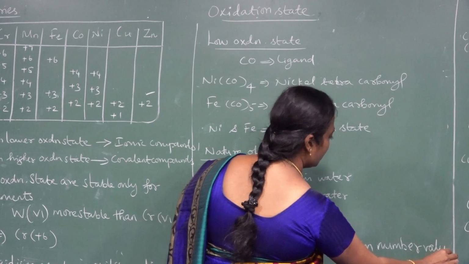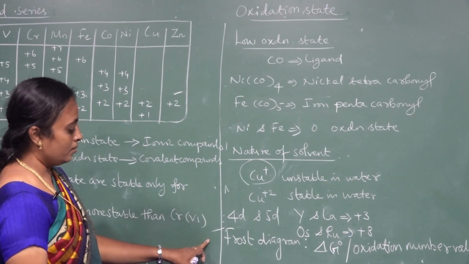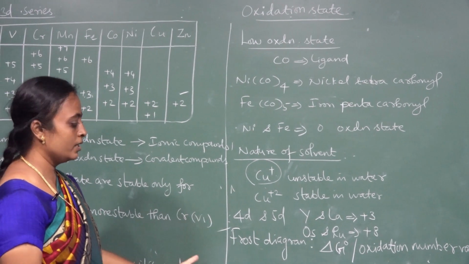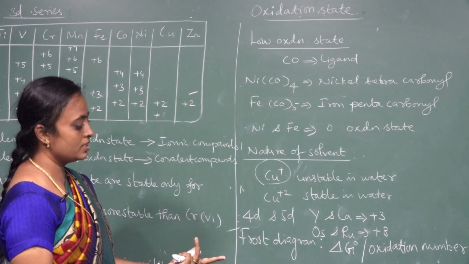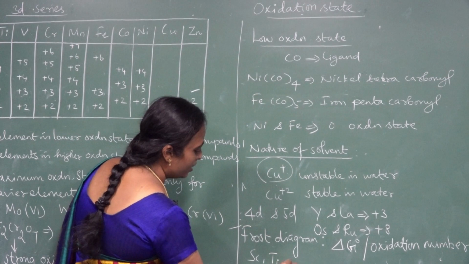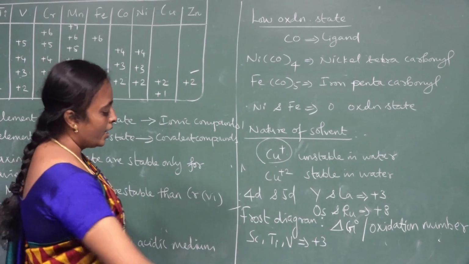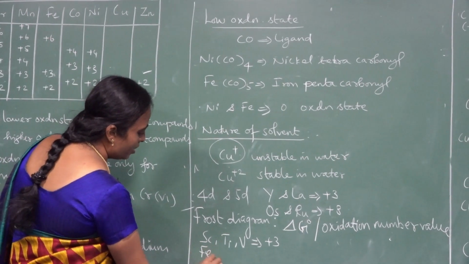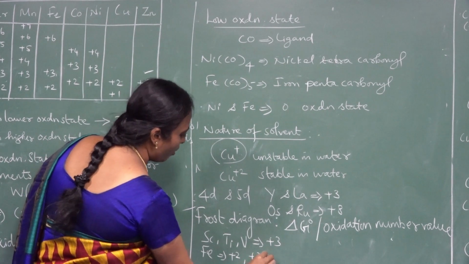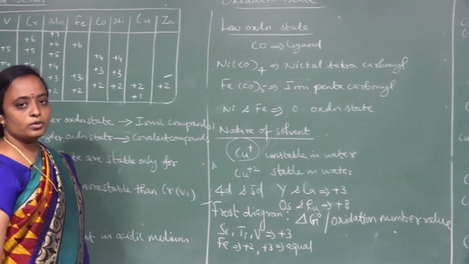From the Frost diagram you get one point: the common, thermodynamically more stable oxidation state for scandium, titanium and vanadium is only plus 3. For iron, plus 2 and plus 3 are equally common.